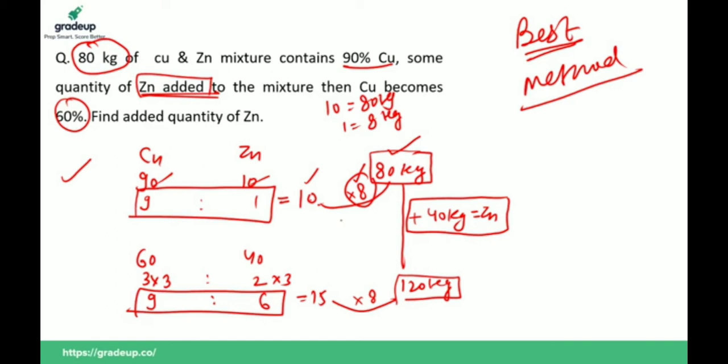Okay, then 15 units will be equal to what? 15 into 8, that is 120 kg. Is it clear to all of you? Okay, Lakshmi Durga. So basically, this 8 is a multiplier.